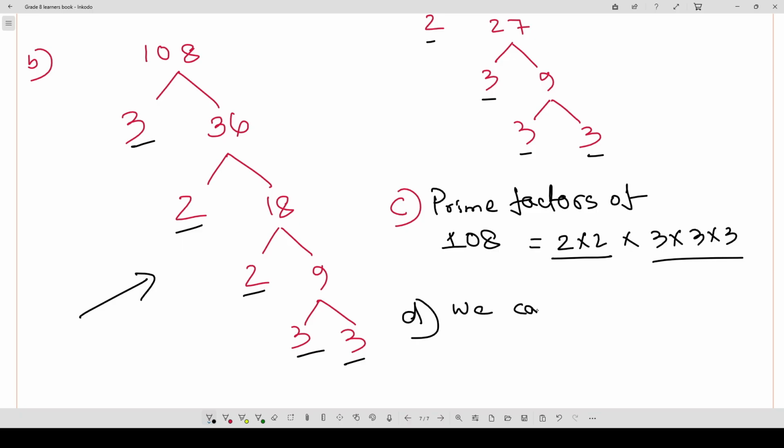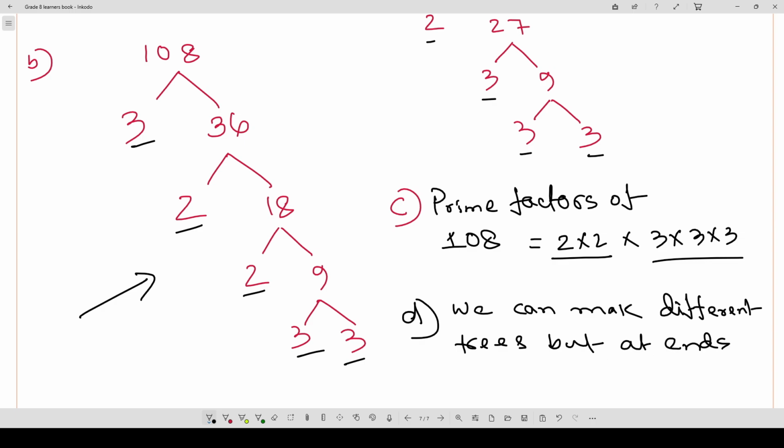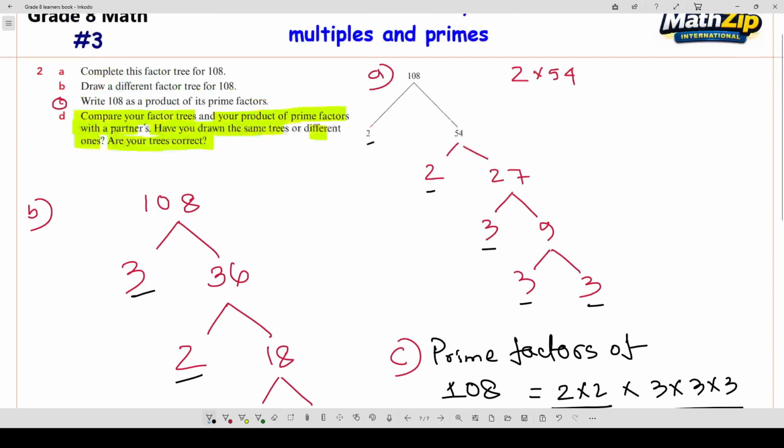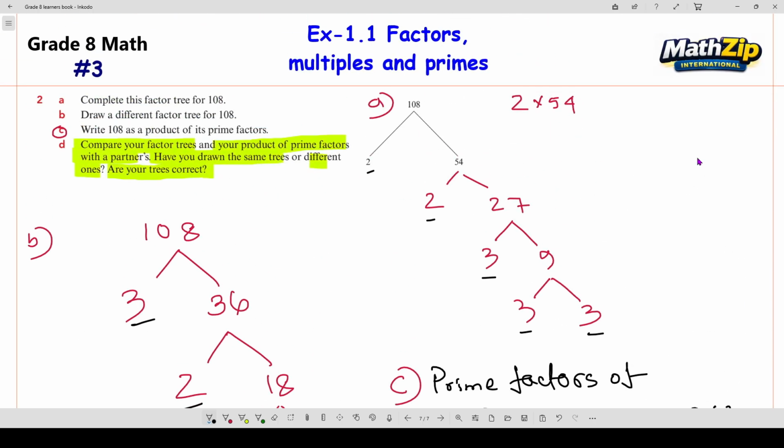We can make different trees, but the endpoints, like 2, 2, 3, 3, 3, will be the same. Okay, so question 2 is done.